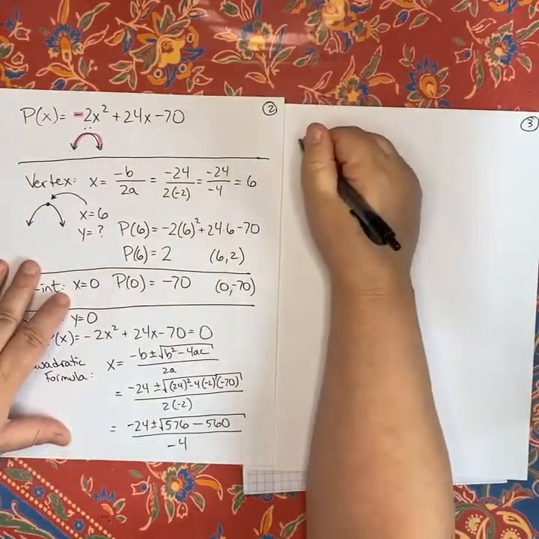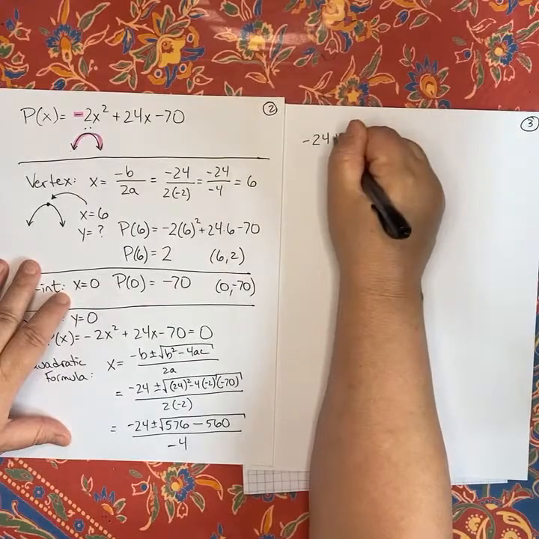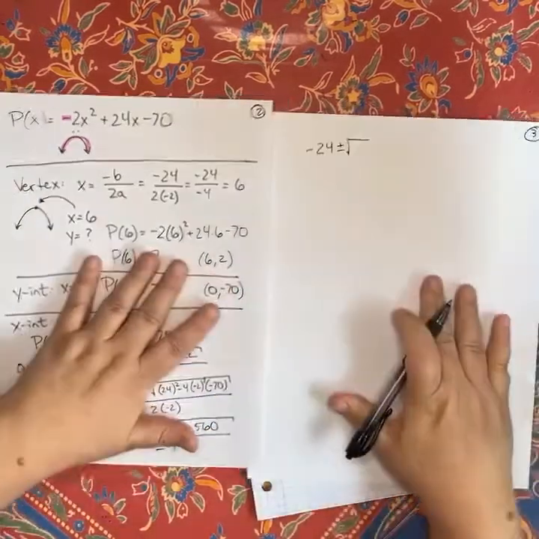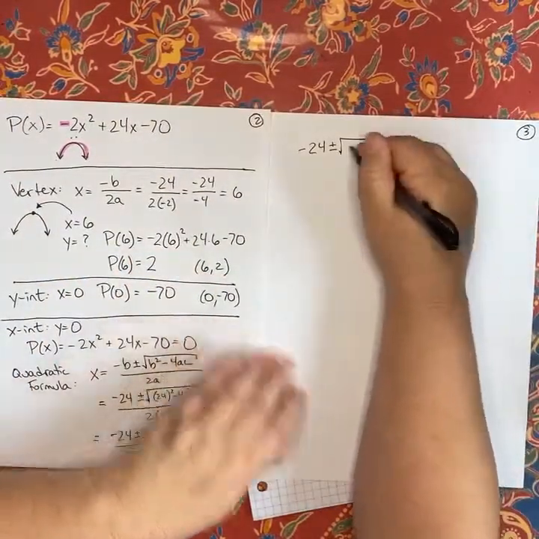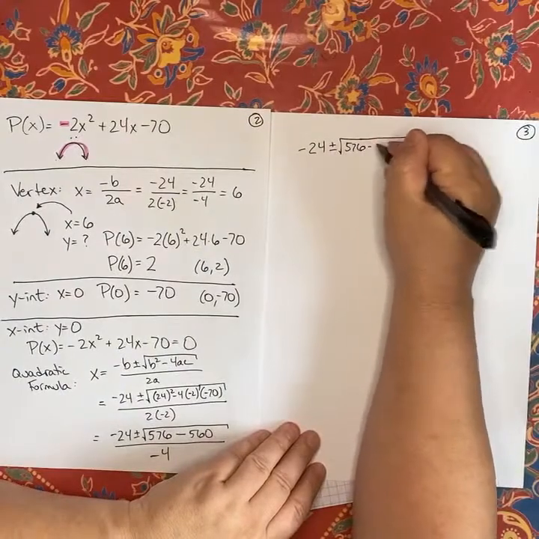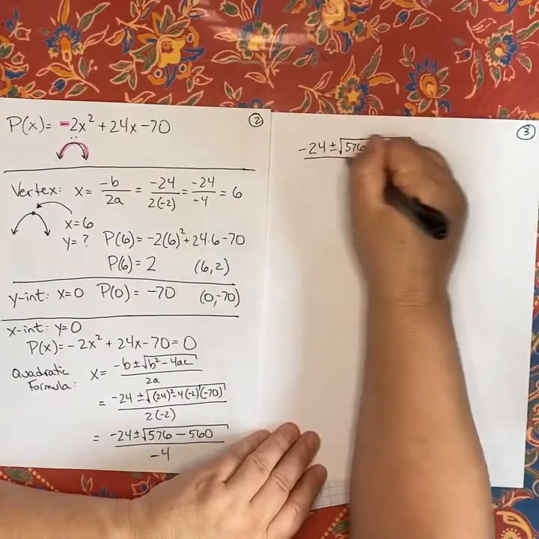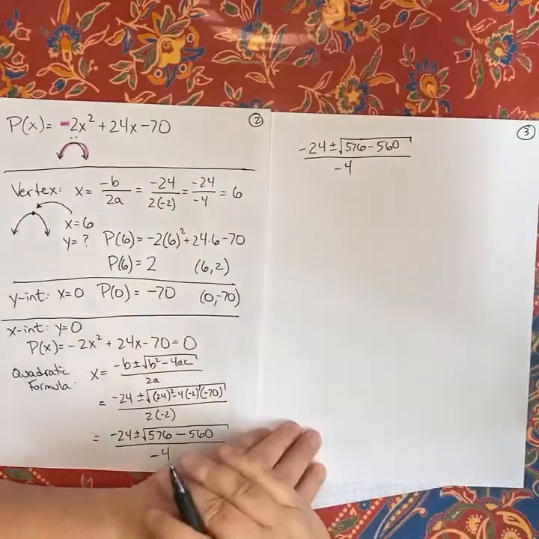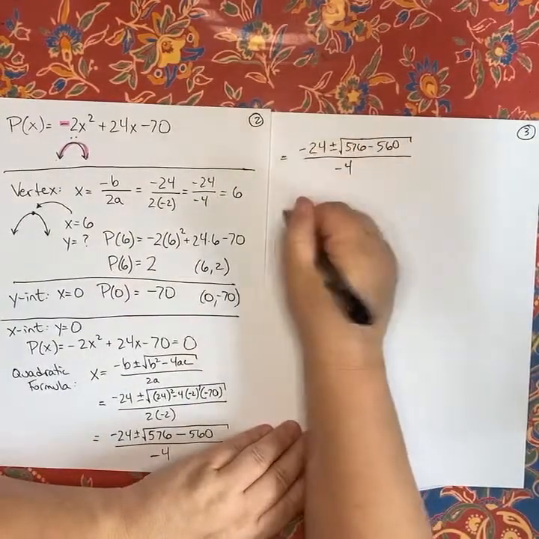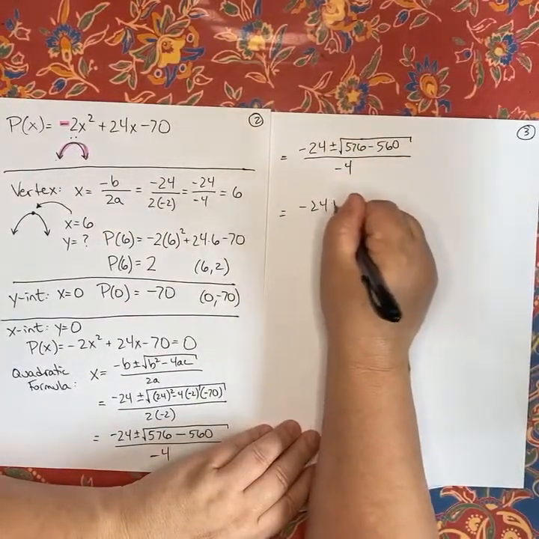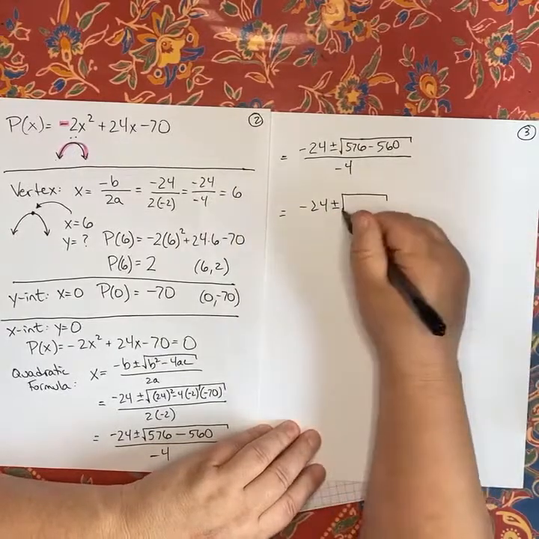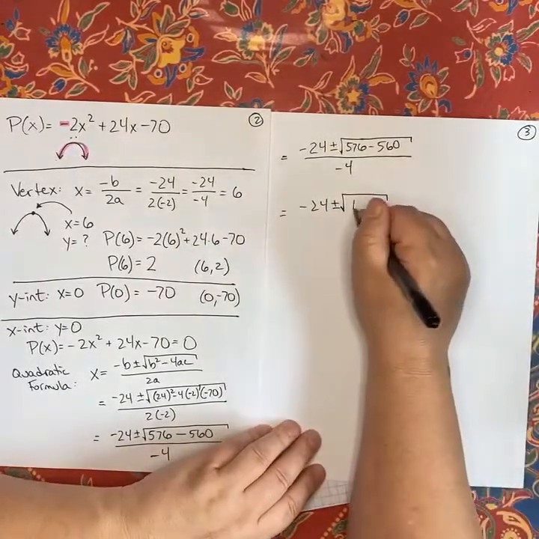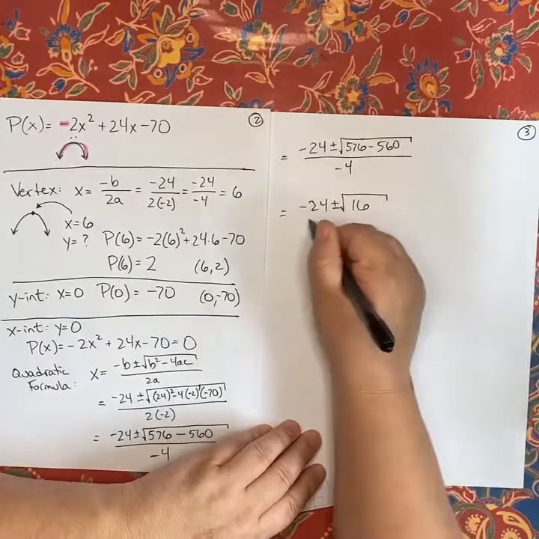The next thing I've got is negative 24 plus or minus, oops, everything is a little squirrely, the radical of 576 minus 560, all over negative 4. So that's negative 24 plus or minus, and this one is nice. A lot of them don't turn out this nicely, but again, I wrote this one to be nice.